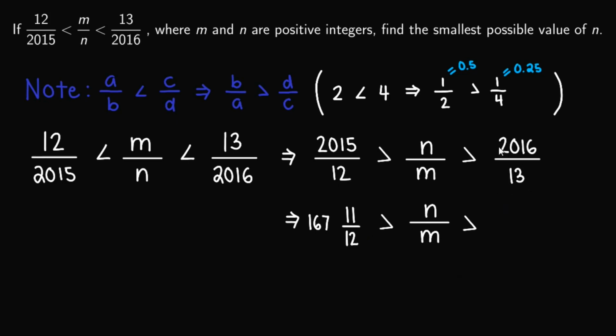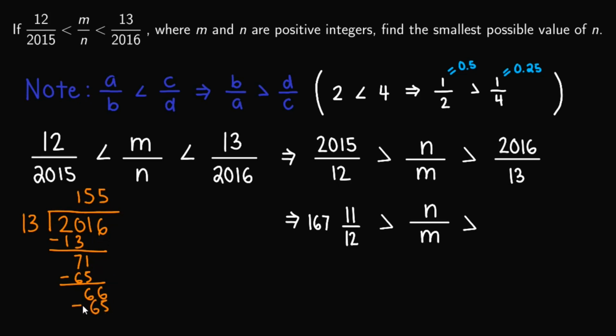We do the same for 2016 over 13. So we have 13 divided into 2016. We have 1 out here, 13, subtract these two, we get 7, bring down the 1. For this one we have 5, since 13 times 5 is 65. Subtract these two, we get 6, bring down the 6, and again we use 5 since 13 times 5 is 65.